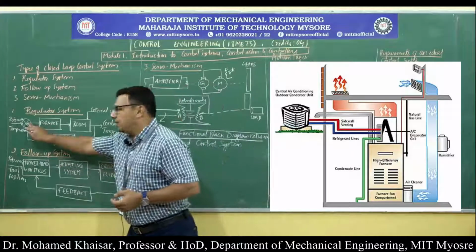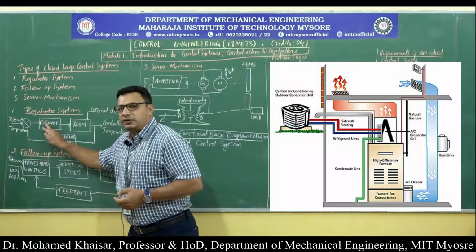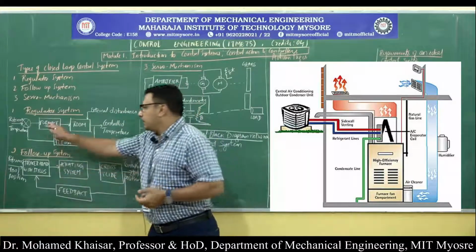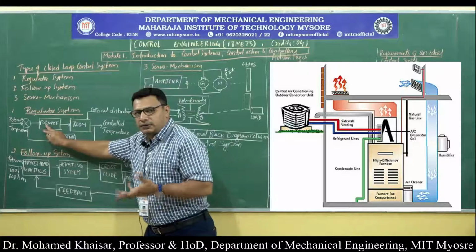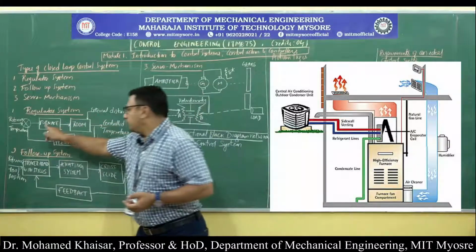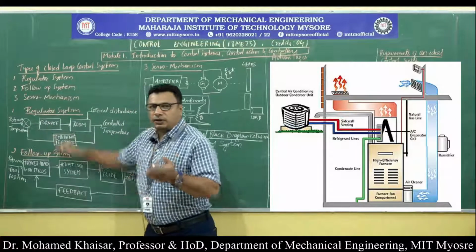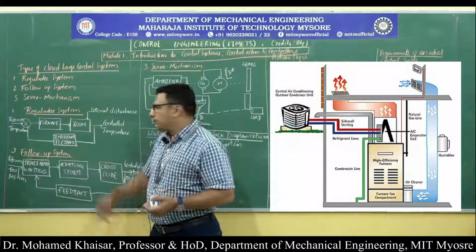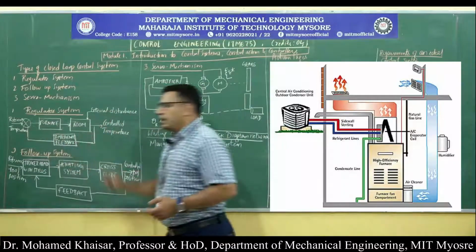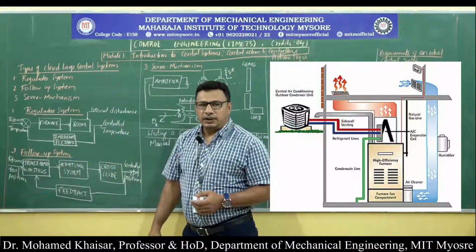Then it sends instructions to the furnace, yes Mr. Furnace, you need to work a little more, and then the furnace starts working. That is the mechanism, right? That is the plant or dynamic unit. Then the furnace generates heat and liberates it inside the room, and the room temperature goes up. This keeps on repeating in every single cycle.